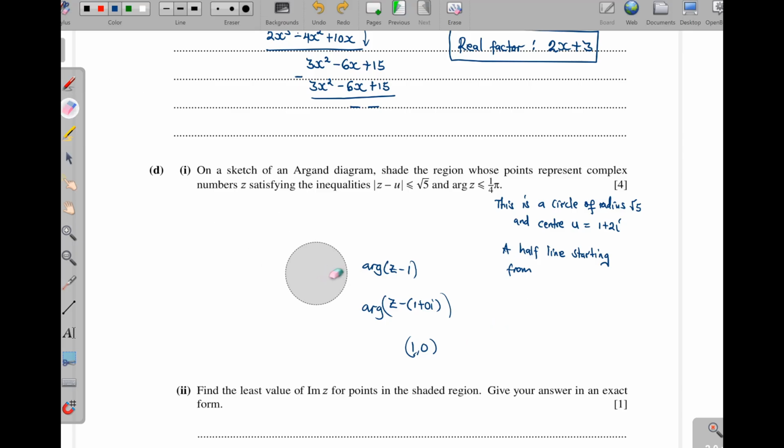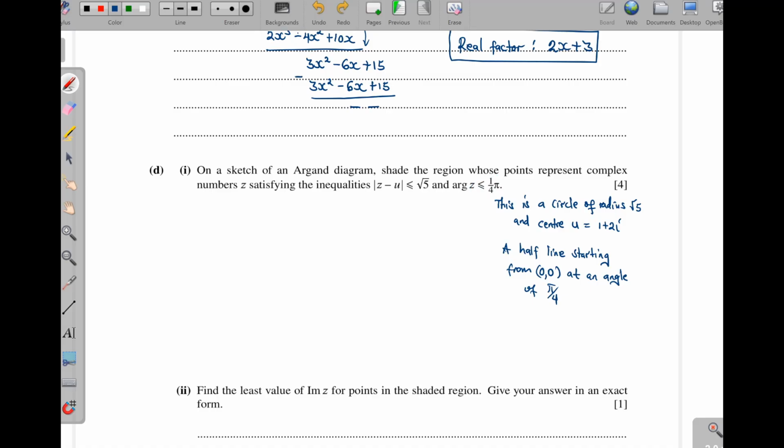You see that? So this one is starting from 0, 0, okay, at an angle of this pi over 4 we are having here.